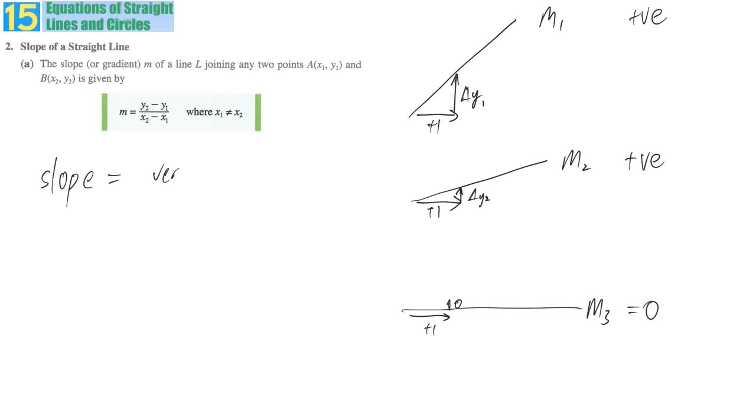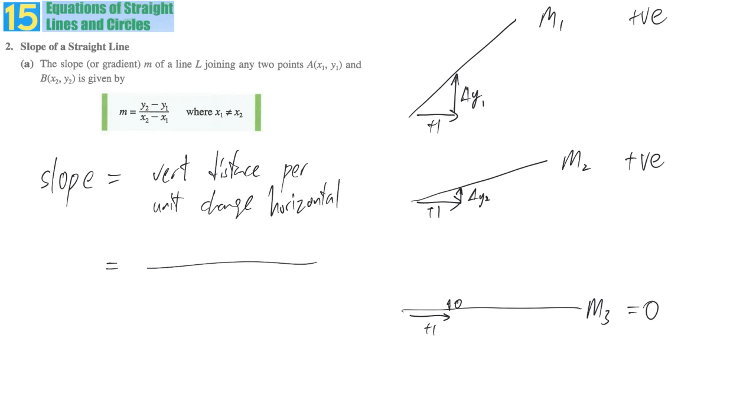It's equal to the vertical distance per unit change of horizontal difference. That means vertical distance divided by horizontal distance.